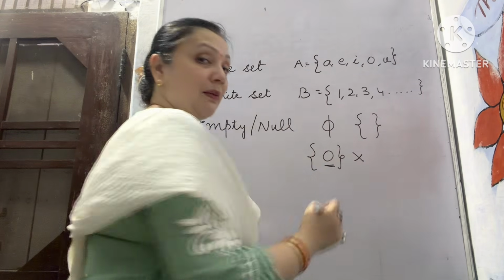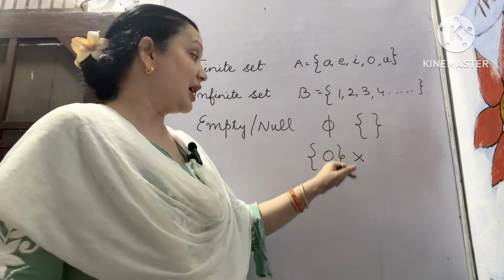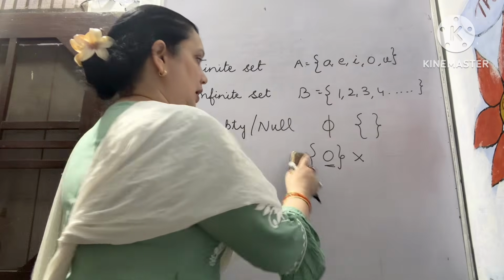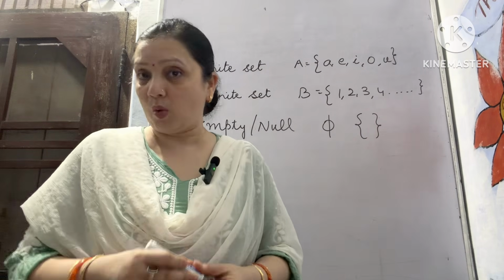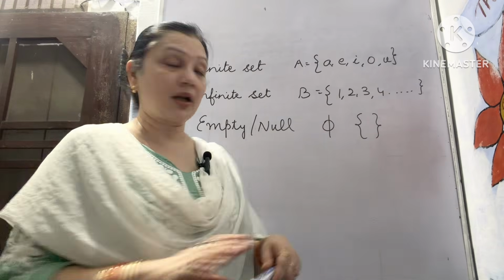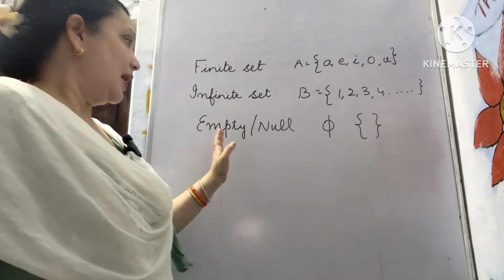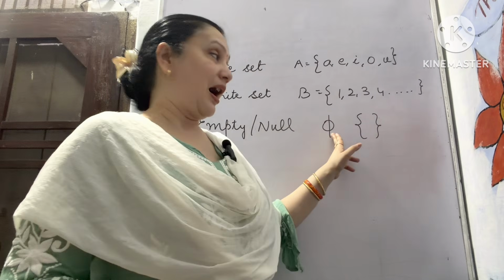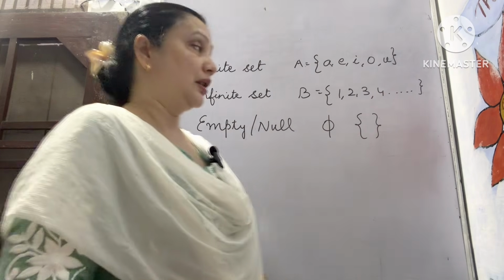It has one element 0 written. So this cannot be an empty set. I have mentioned one element here. Empty set example, natural numbers less than 1. There is no natural number less than 1. So it is an empty set. Alright. So empty set can be written as phi or an empty curly bracket sign can be there.